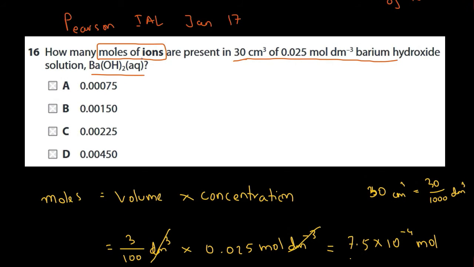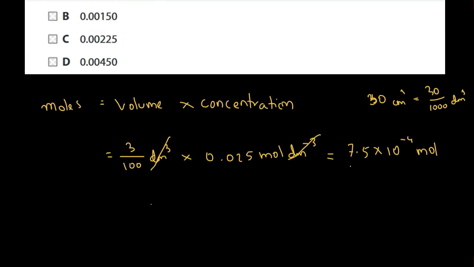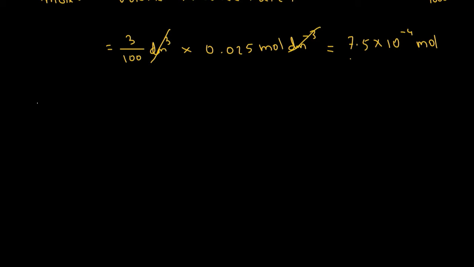They asked us to find the number of moles of ions. So if you think about it, the barium hydroxide, let's think about what it's made up of. Ba(OH)2 aqueous. The barium hydroxide solution is made up of one barium ion and two hydroxide ions.